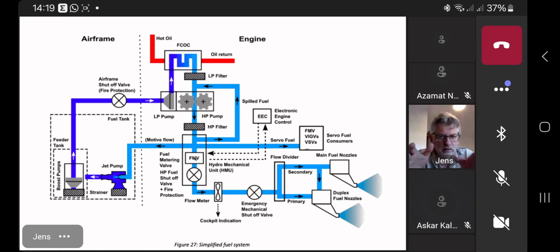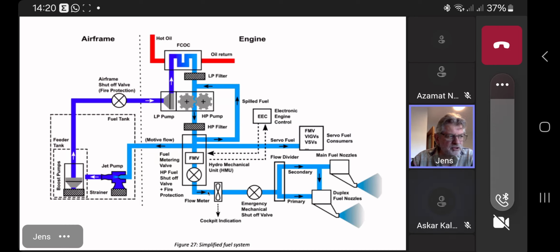Please bear in mind, in order to make the system really move, we need torque motors. So this is the task of the torque motor. Then the ECU or EEC orders the fuel metering valve to open. And now the fuel, yeah, this is a high pressure shutoff valve here.